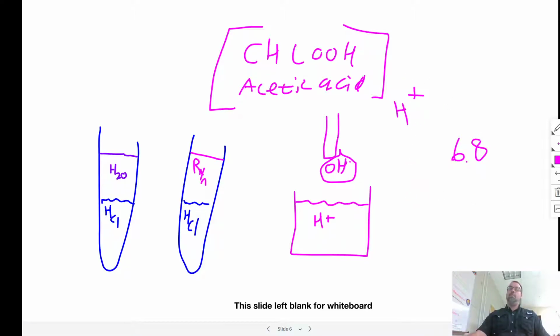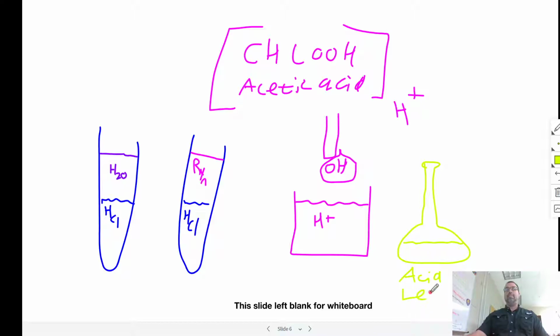So what we had was our initial solution, okay? And this was in a yellow tube, okay? Our initial solution was yellow, okay? And this is when it's acidic, okay?